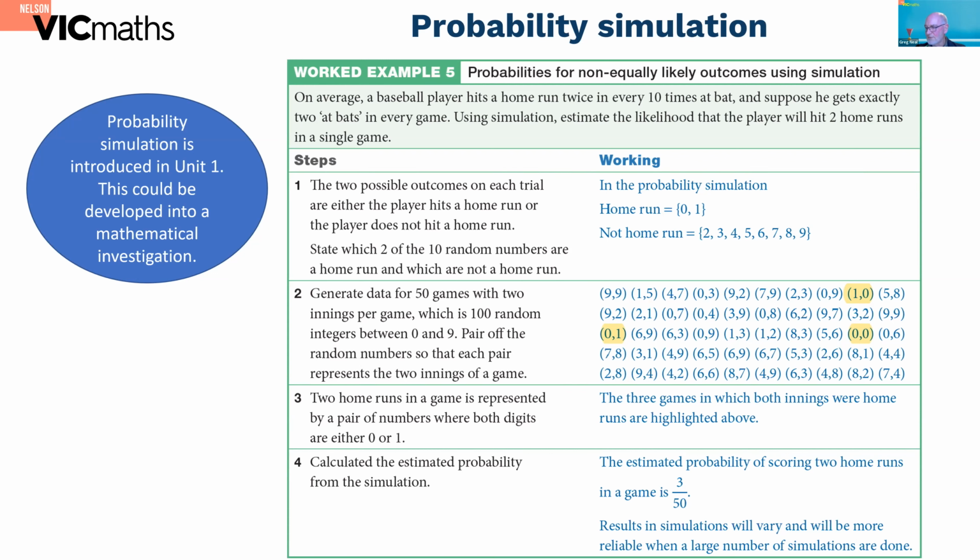So it means that when you're doing that, you can actually look at simple probability problems, but you can also look at problems that are a lot more complex than you'd be able to do with a purely theoretical approach.